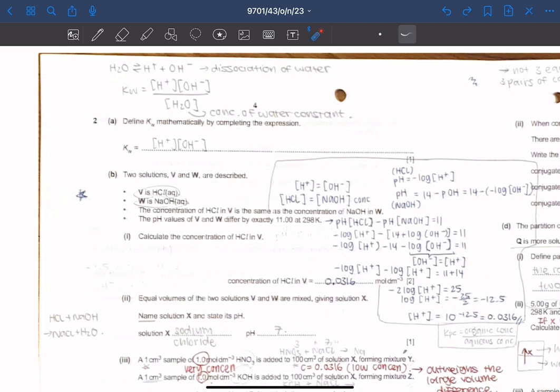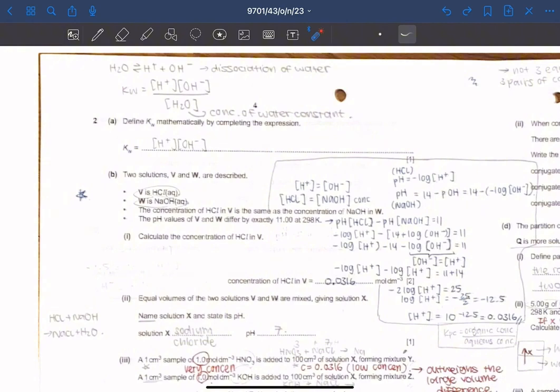Next question, question number 2. A. Define Kw mathematically by completing the expression. So Kw is the equilibrium constant for water. From the dissociation of water, we know that H2O dissociates to form H plus and OH minus.